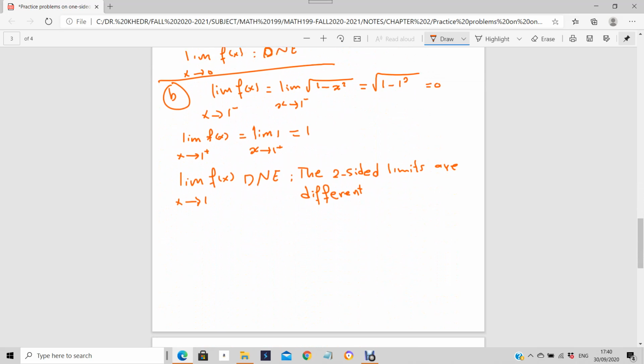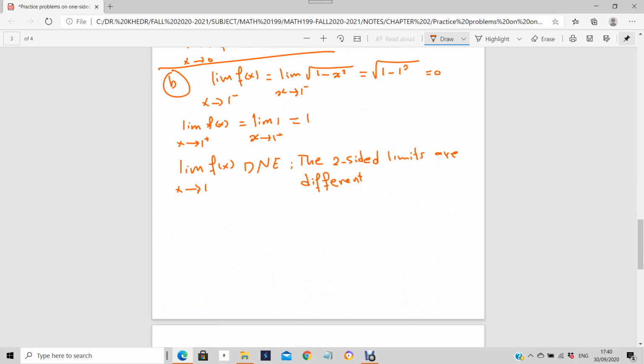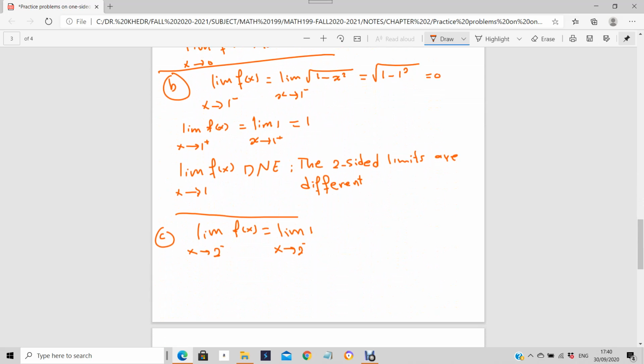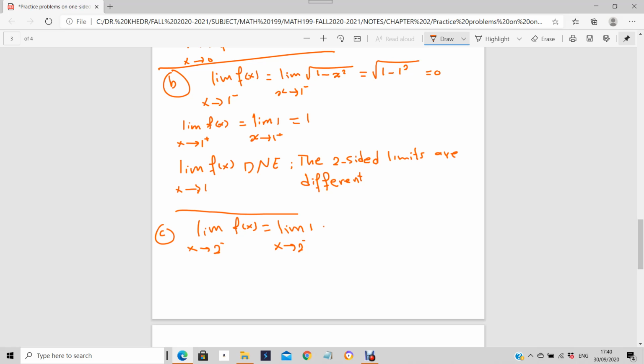So again we will say here, the limit of f of x as x goes to 2 from the negative side is equivalent to the limit of 1 as x goes to 2 from the negative side, because when x is less than 2 we have to follow f of x equals 1, so the function will be constant and its limit is equivalent to 1.